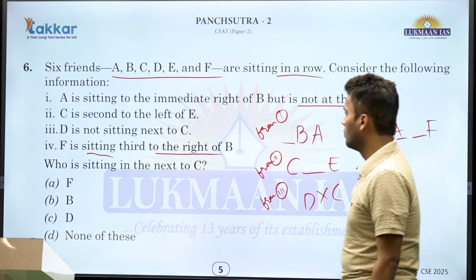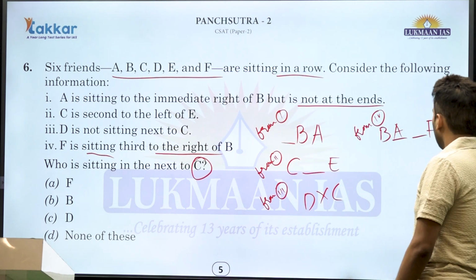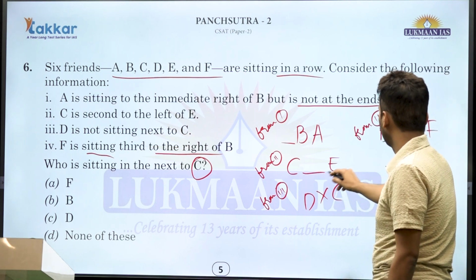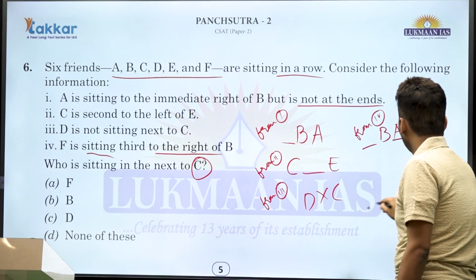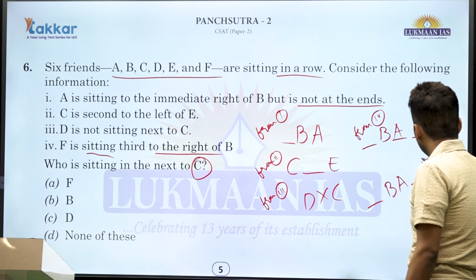So who is sitting next to C? This is the question. From all the 4 pieces of information, we get this.